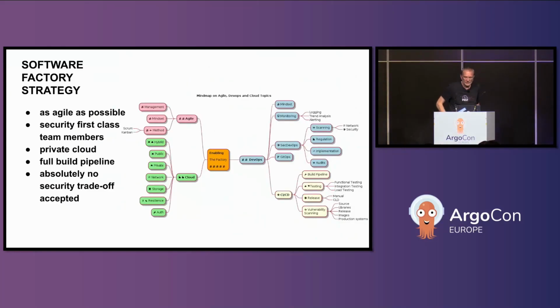Another thing you see in these kinds of environments is that they all want to implement a software factory strategy. Software factory is not completely defined, but it's all about enabling, and this is a cloud native part, you want to enable by using private or public clouds. You want a CI/CD pipeline, and you want to have the DevSecOps flavor of DevOps.